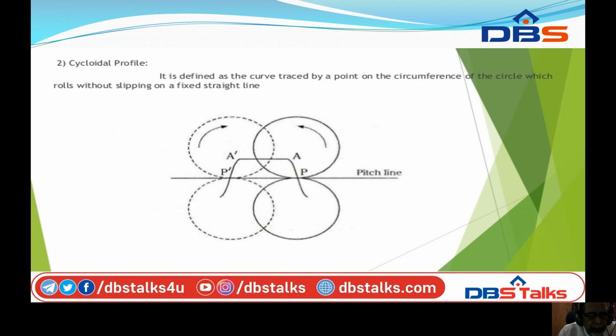You can see here the pitch line and the gears. There is a gear A, and at the bottom there is a gear P. So from here we can draw the cycloid profile.